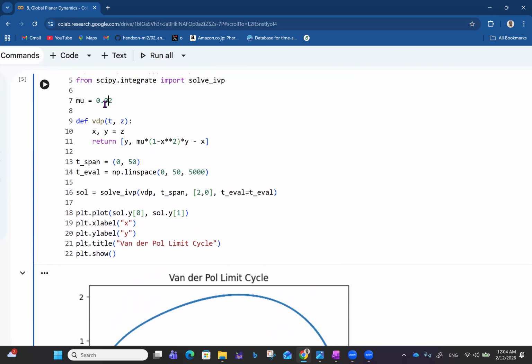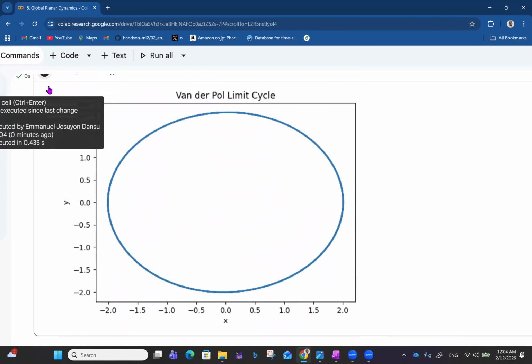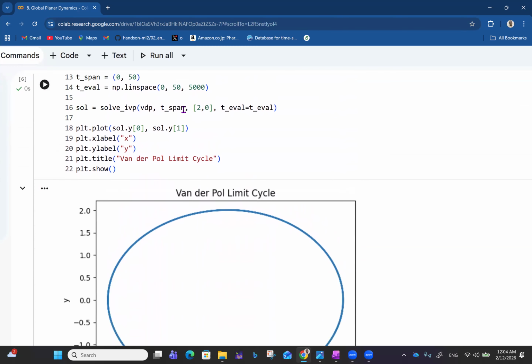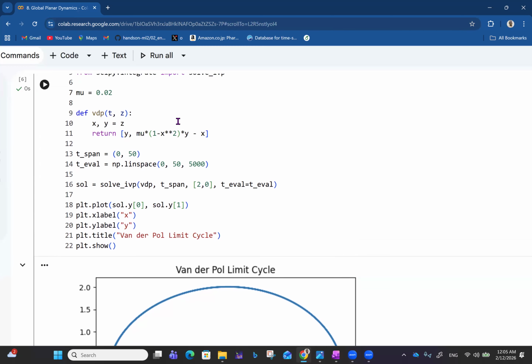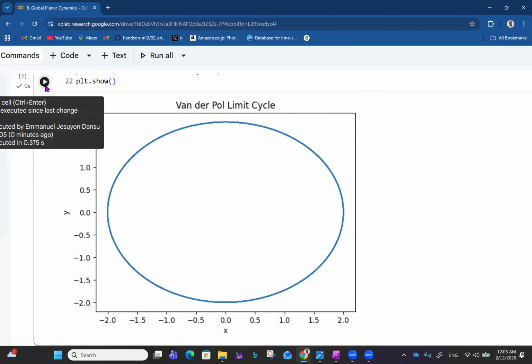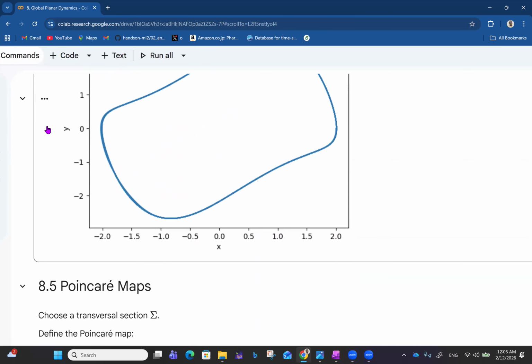What if I do 0.02? The tinier it gets, the more it looks like an ellipse, but the bigger it gets, the sharper the shape. Either way, you have an orbit being maintained. Let me push things further. It's still looking elliptic in nature. But if we take mu to be 1.0, which was the default, we have this.